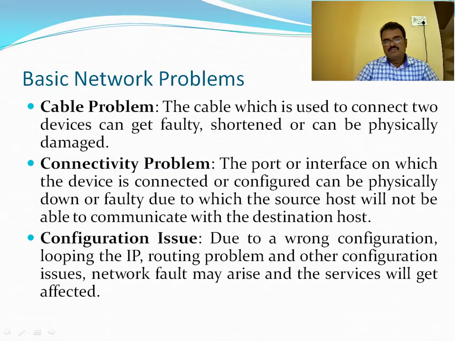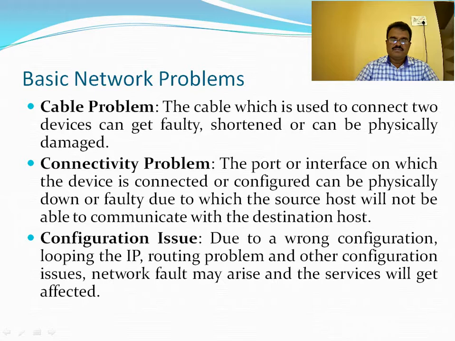The next network problem is configuration issue. Due to a wrong configuration, looping, IP and routing problems, and other configuration issues, network faults may arise, and the services will get affected.